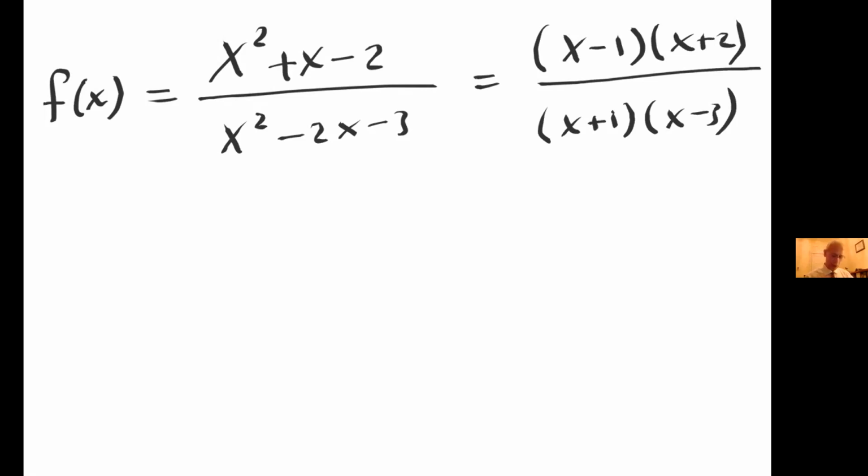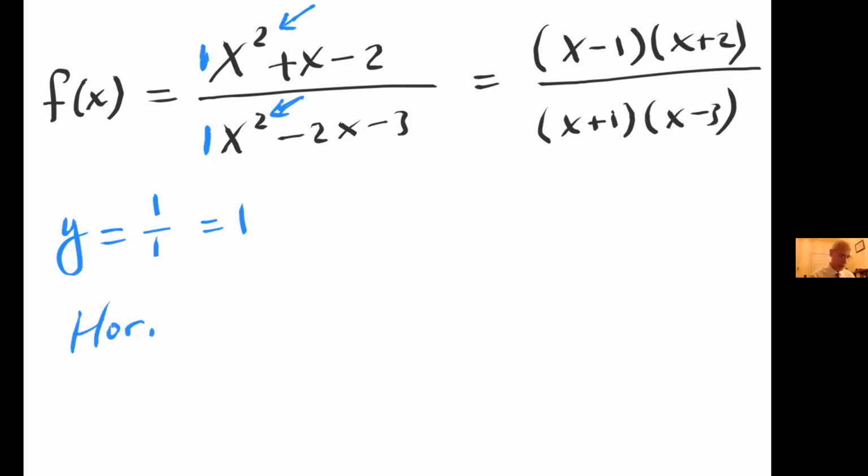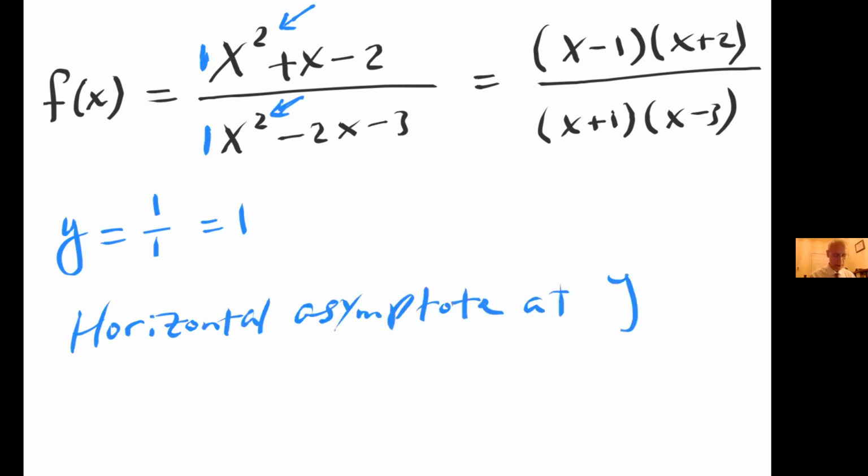To find the horizontal asymptote, notice that the degree of the numerator and the denominator are the same. I have x squared here and x squared here. So the horizontal asymptote is going to be y equals 1 over 1, which is 1. So the horizontal asymptote is at y equals 1.